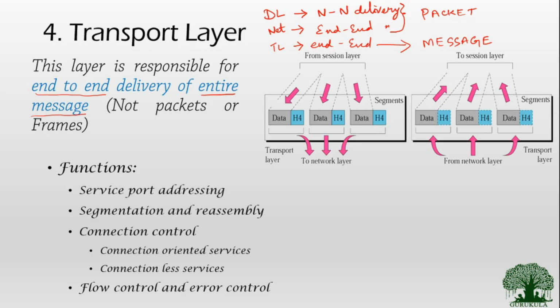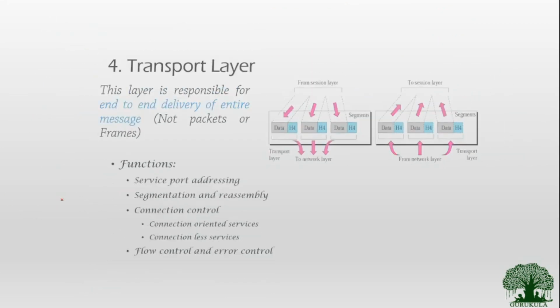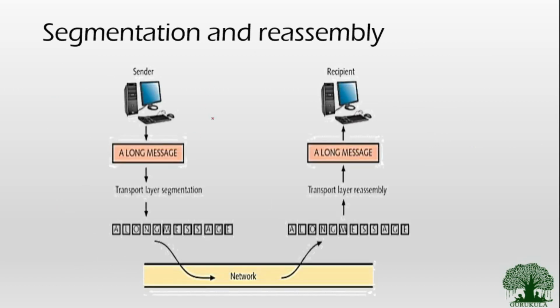Now let us talk about what exactly segmentation and reassembly are. Segmentation and reassembly represent the process of dividing a very long message into small chunks of packets, which is what we call segmentation. In a network, a particular link connecting one node and another node will have a certain amount of capacity.